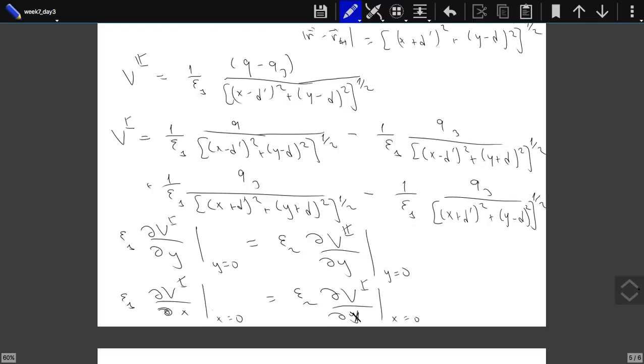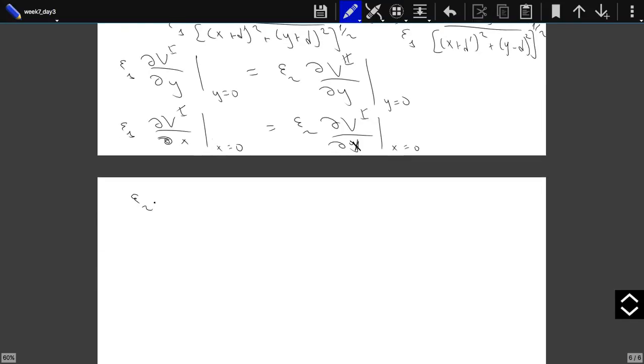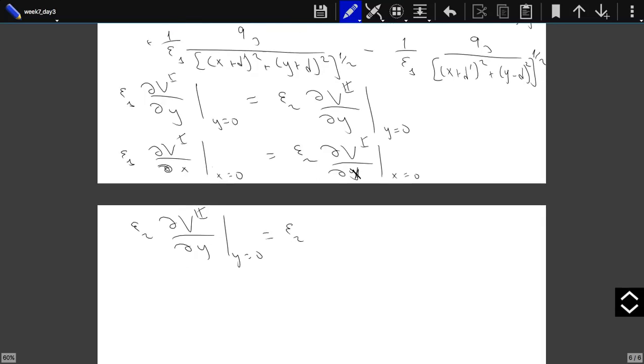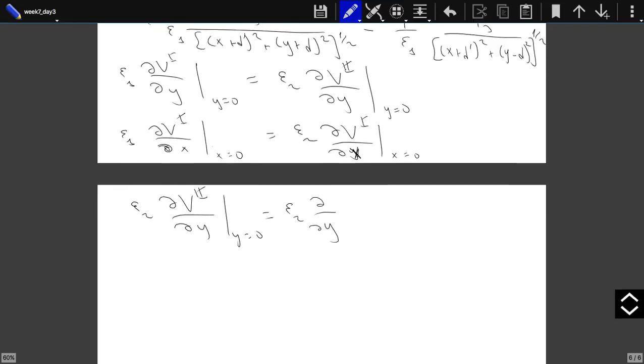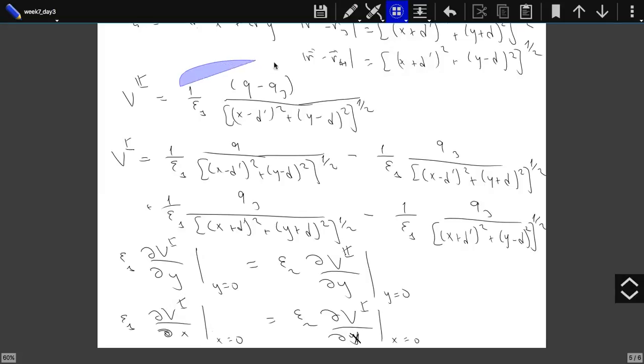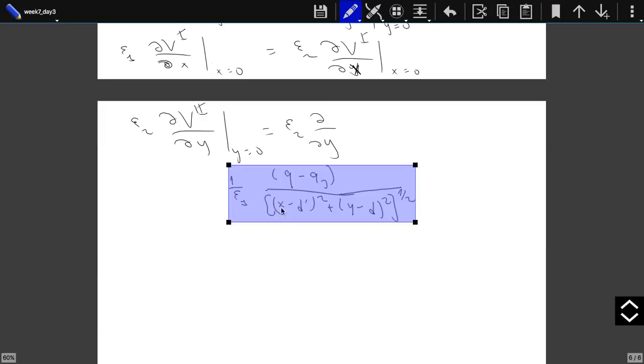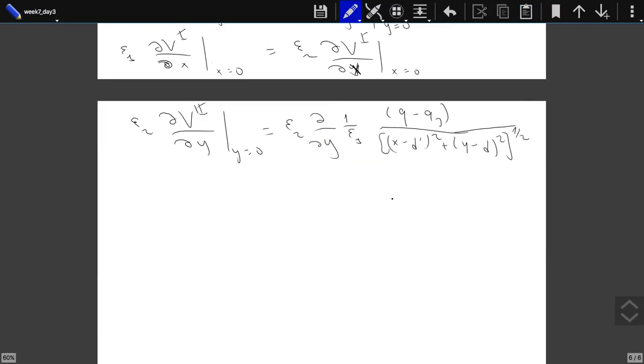So let's start with the first one. We have epsilon 2 del V2 by del y when y is equal to 0. This is equal to epsilon 2 del over del y of our V2, evaluated at y equal to 0. So this is equal to epsilon 2 over epsilon 1, (q minus q3).